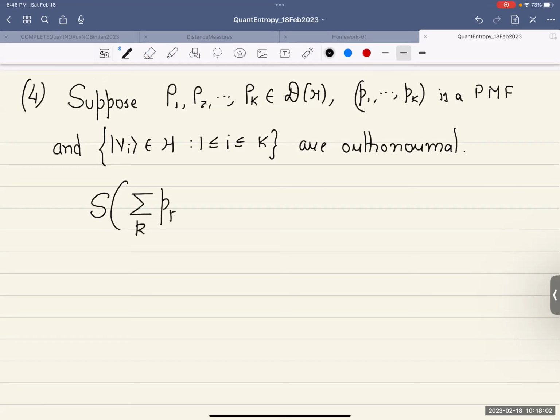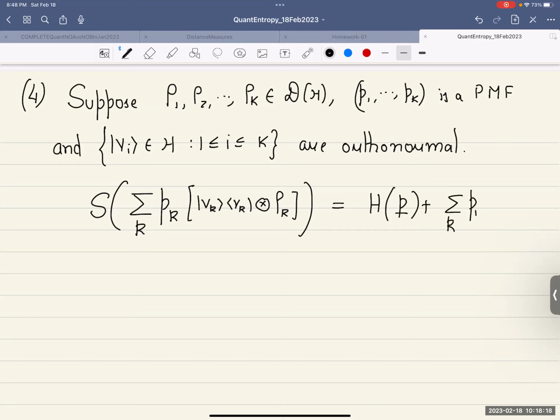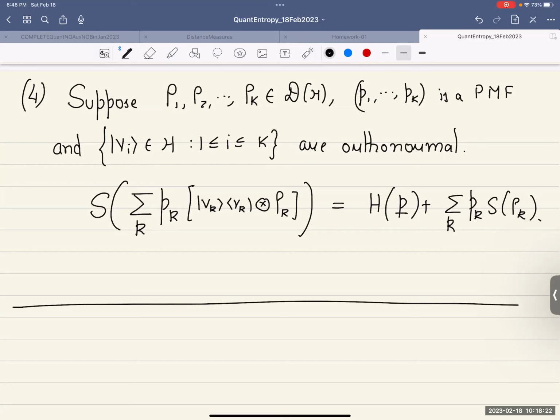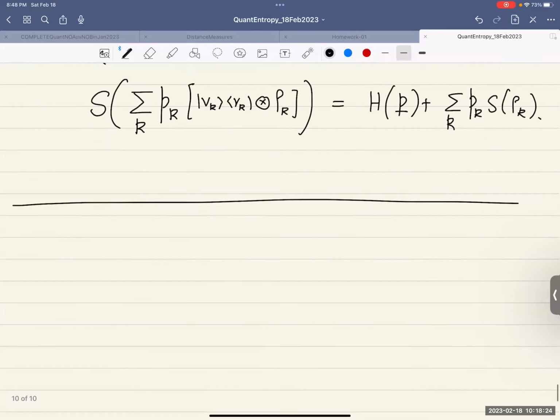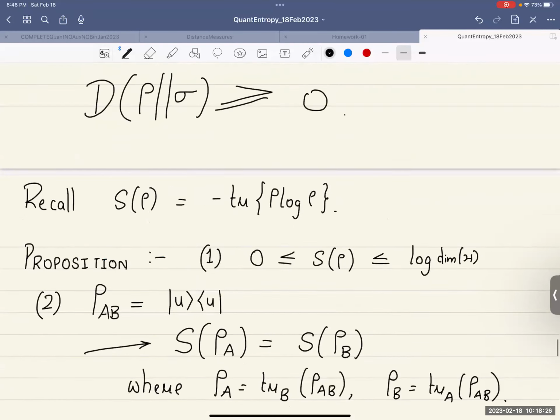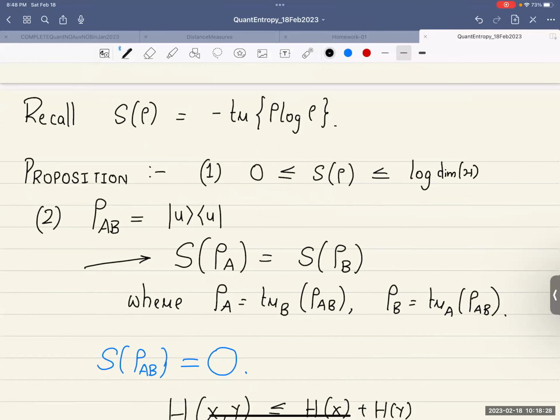If I look at the sum of pk, vk tensor rho k, it is essentially the same as the previous: H of P plus summation pk S of rho k. Okay, so we'll prove all of this one by one. The first statement is straightforward.